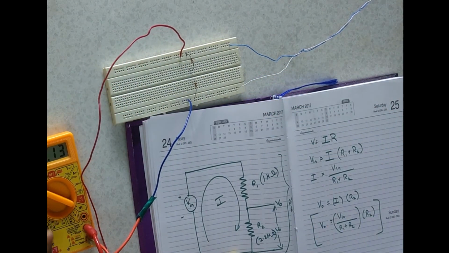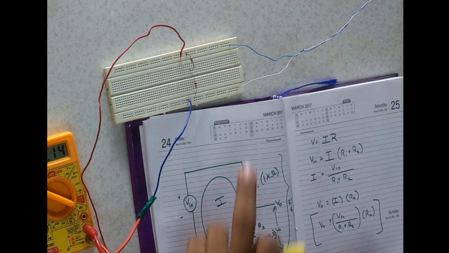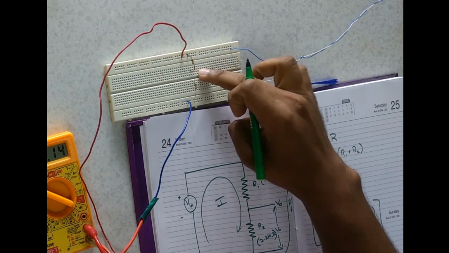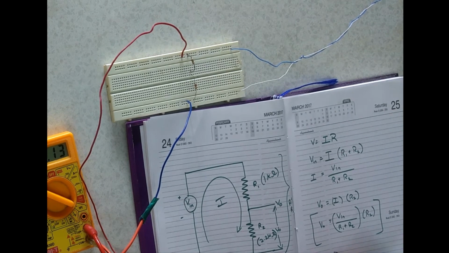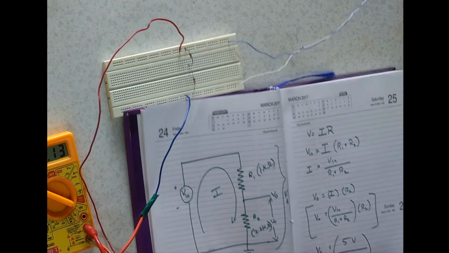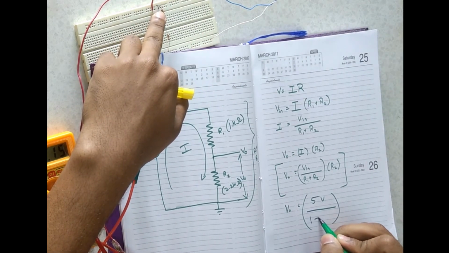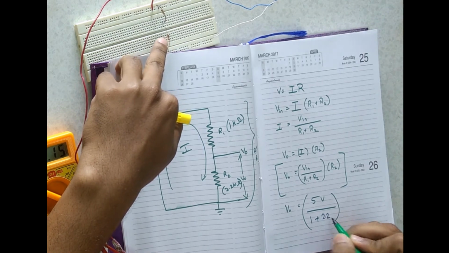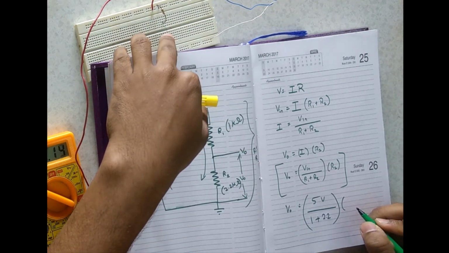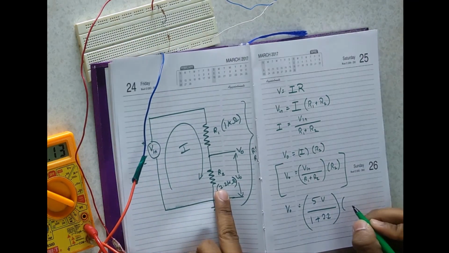Now, applying the voltage divider principle, let us calculate the voltage between the junction of the resistors and the ground. V0 is equal to V in, which is 5 volts, divided by the resistance values. The one is 1K and the other one is 2.2K. We are measuring across R2, 2.2K.